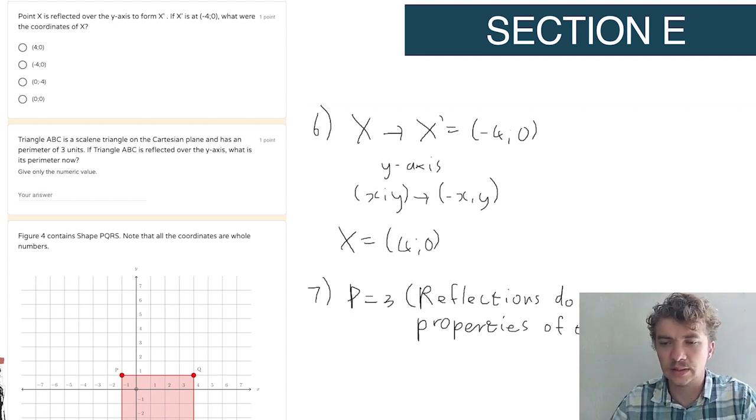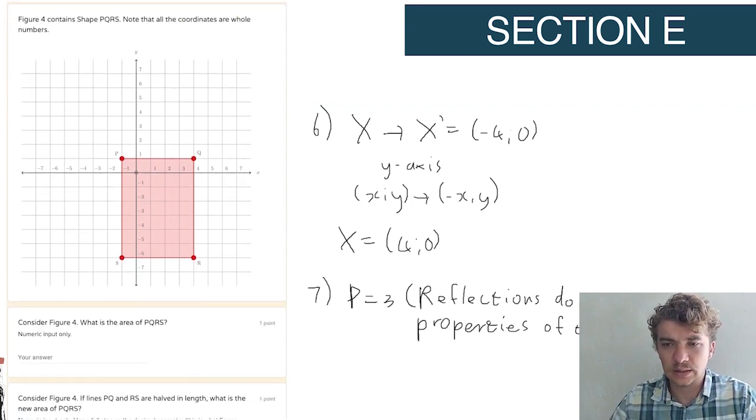Okay, next question. Figure 4 contains shape PQRS. Note that all the coordinates are whole numbers, so that just means that you can read the coordinates off as minus 1, 1; 4, 1; 4, minus 6; and minus 1, minus 6. The first question is, consider figure 4, what is its area?